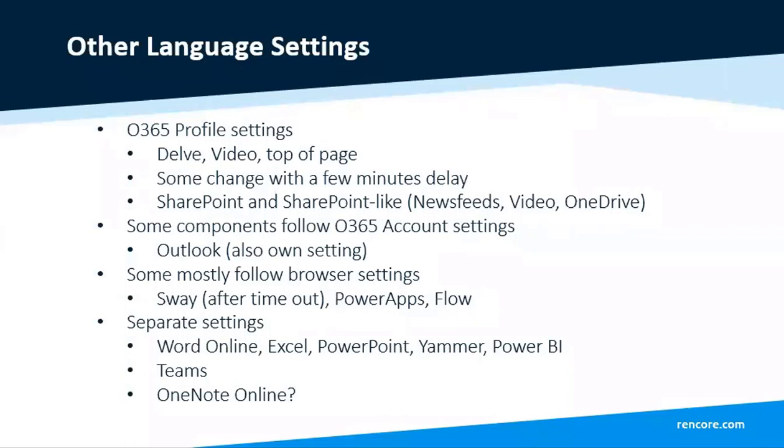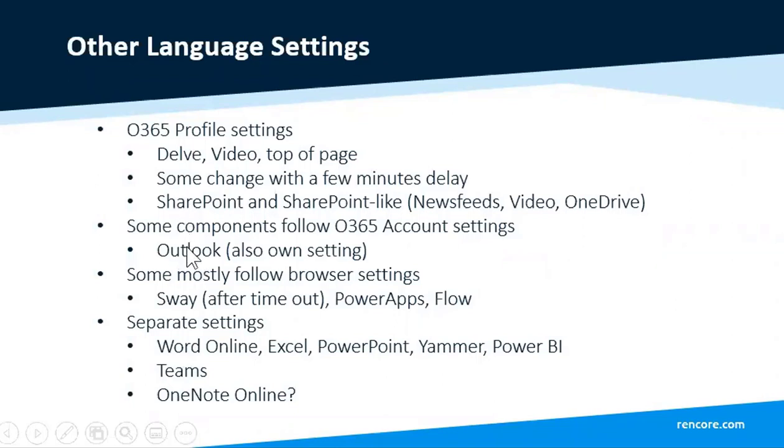There are lots of other language settings in Office 365. So there are some Office 365 products that will follow the same settings as the profile settings. Some of them follow the Office 365 account settings. Some of them follow the browser settings, and some have their own settings. And that includes Teams.